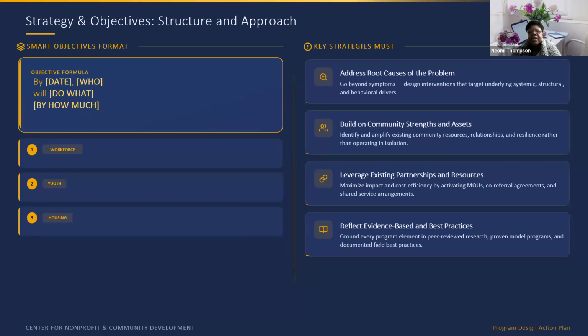Reflect evidence-based and best practice. Ground every program element in peer-reviewed research, proven models, and documented field best practices. That's why you document every program. You want to use a best practice approach to your program.